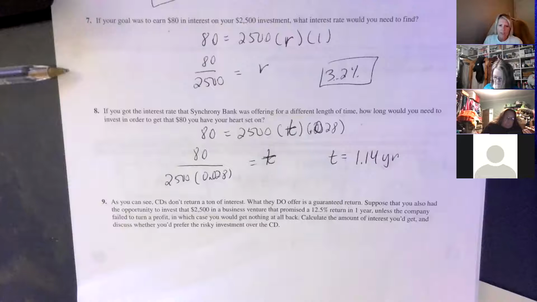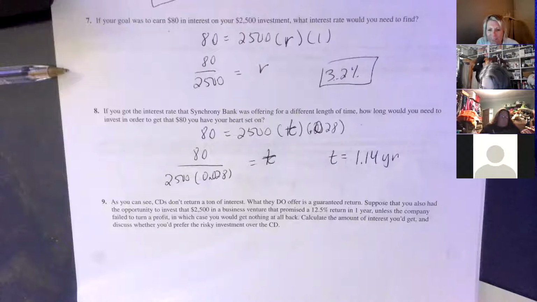So as you can see, CDs don't return a ton of interest. What they do offer is a guaranteed return. Suppose that you also have the opportunity to invest that $2,500 in a business venture that promised 12.5% return in 1 year, unless the company fails to turn a profit. Then you don't get anything back.